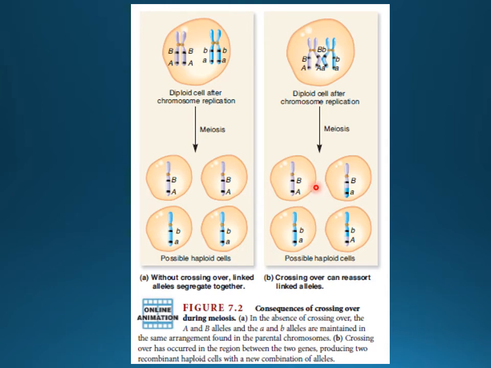So we have variety B with A or B with small a, which means recessive of this, and small b with small a or small b with capital A. So all possible combinations: capital B can be with capital A, capital B can be with small a, or small b can be with small a, or small b can be with capital A. So these are all four combinations if crossing over takes place.